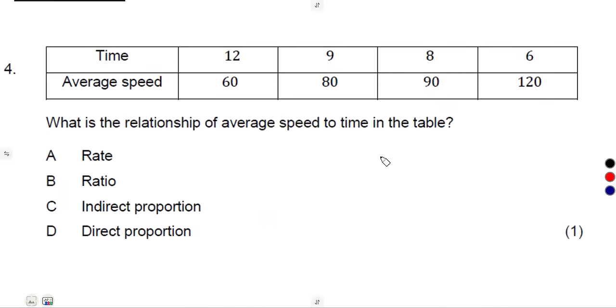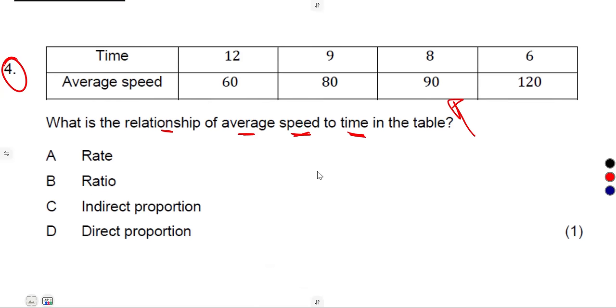Given question number 4, what is the relationship of average speed to time in the table that we are given here? When they're asking for the relationship, remember there are two that you are supposed to expect, in terms of direct or indirect proportion, when you're given a table like this.